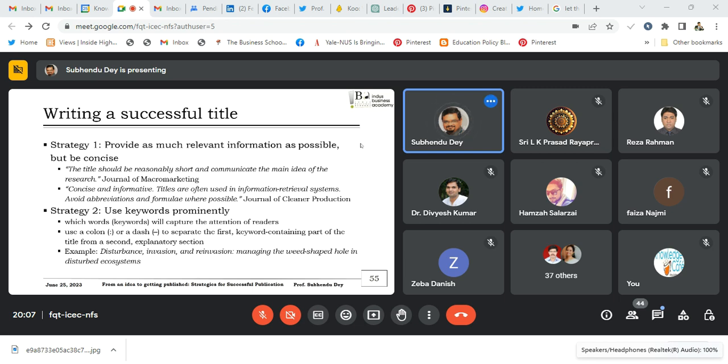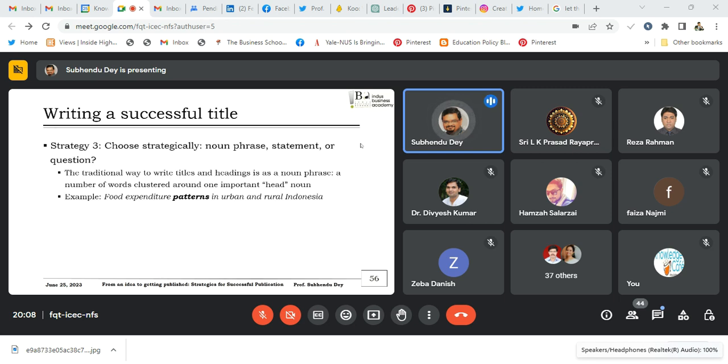The next point: choose strategically a noun phrase, statement, or question. Whether you're going to use a noun phrase or a statement or a question, that's up to you. If there are a few words clustered around a noun, which is the head noun, then that makes a good title. In this case, you see patterns come as a noun.